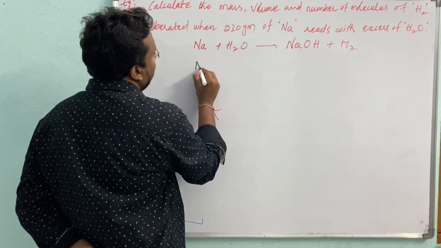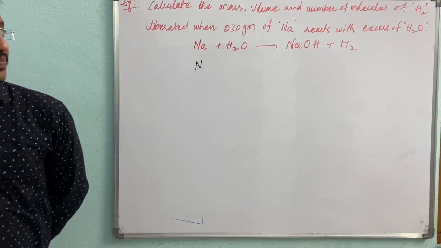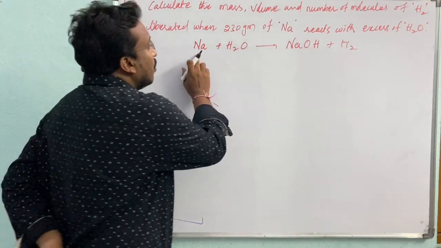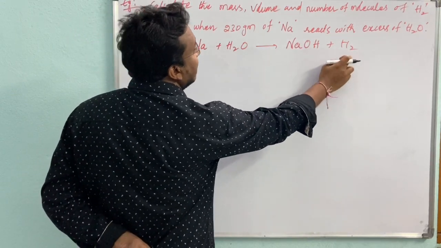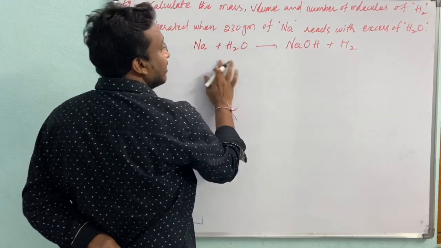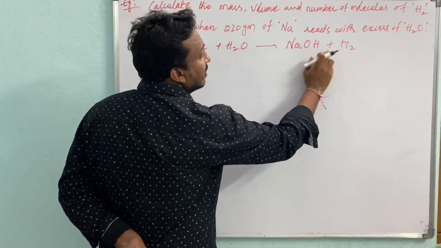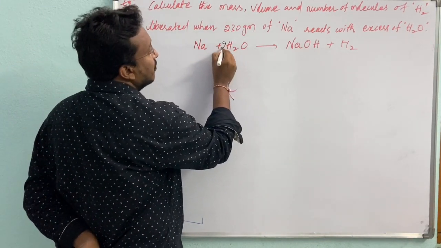Na, now here I will make it a balanced one. Sodium, OH plus H2. Here we have only 2 hydrogen atoms, and on the other side 3 hydrogen atoms, so I will write here 2.